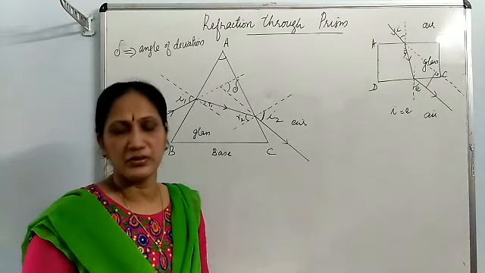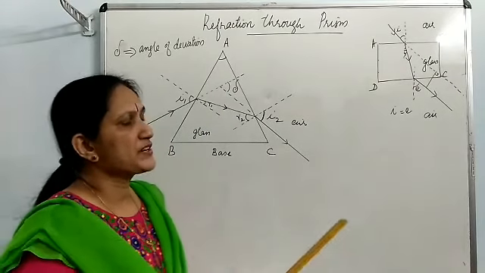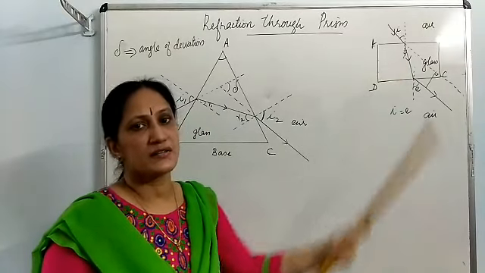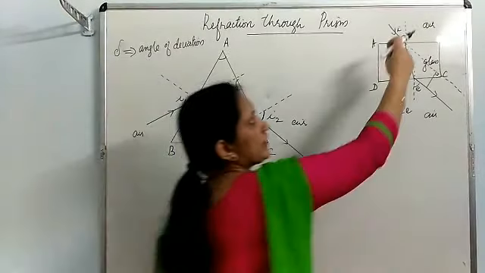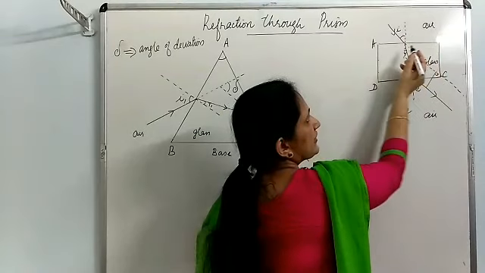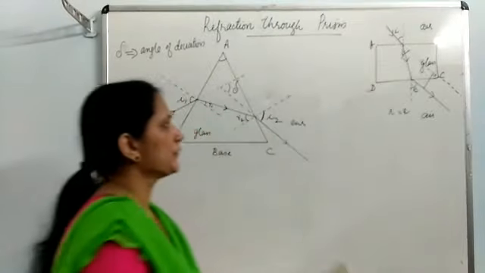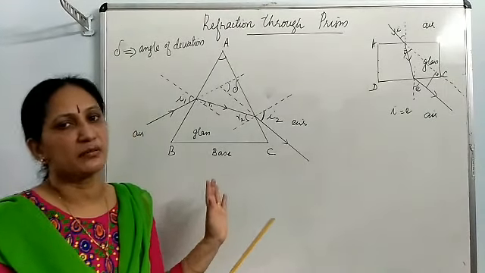About angle of deviation, I mentioned something while I taught the topic glass slab. Angle between the incident ray extended and the refracted ray. This is known as angle of deviation. Here also, angle of deviation we can mark.